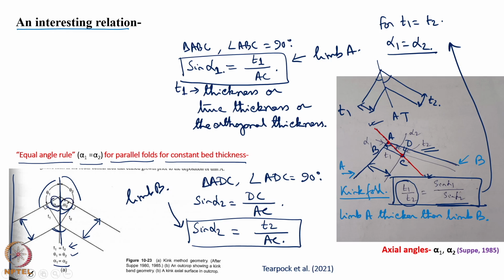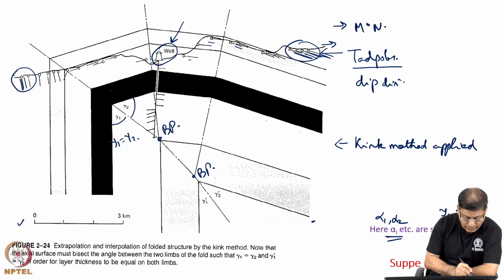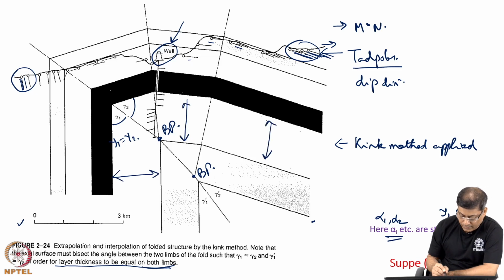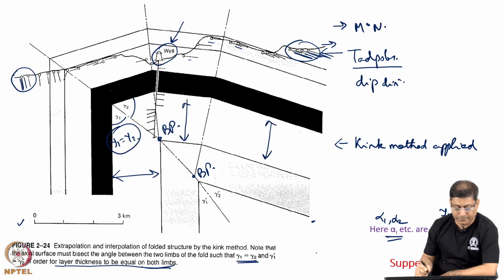To maintain the constant layer thickness on both limbs, that means this thickness here and the thickness here are the same, gamma 1 equal to gamma 2 has been maintained.